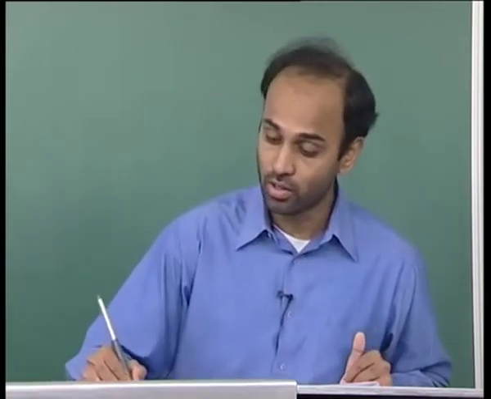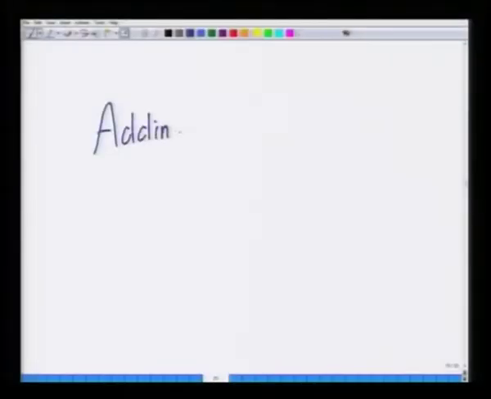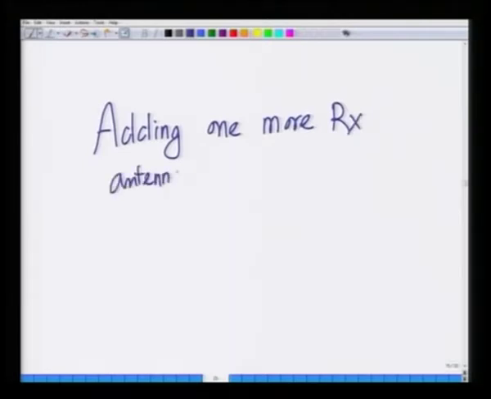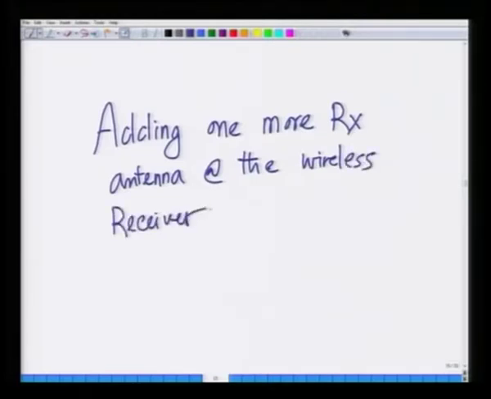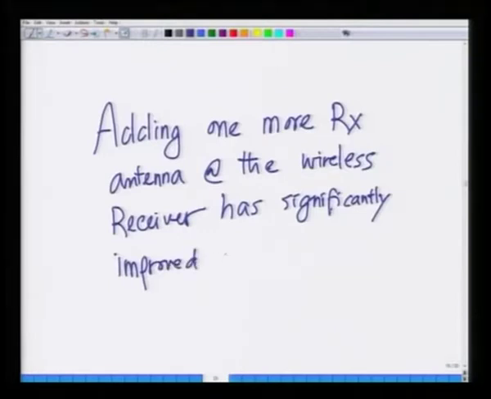Let me summarize our conclusion. Adding one more RX antenna at the wireless receiver has significantly improved bit error rate performance.